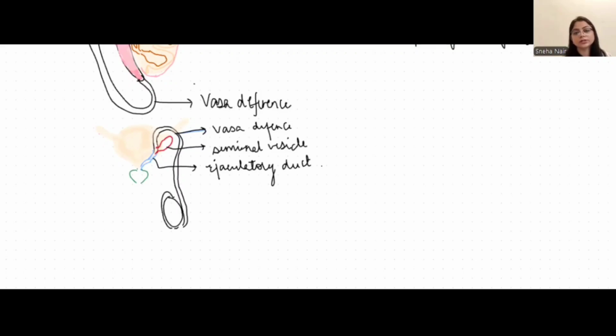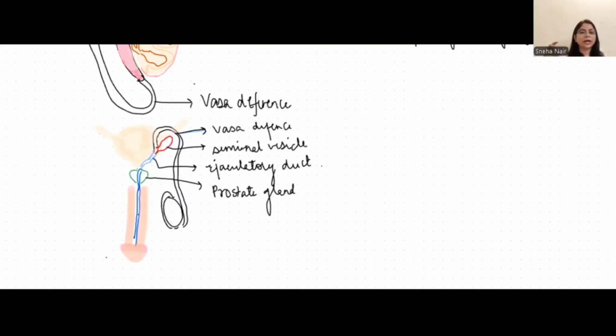So this is the ejaculatory duct that passes through the prostate gland. So now this duct is known as urethra. The ejaculatory duct leads to the urethra, and the urethra passes through the prostate gland.